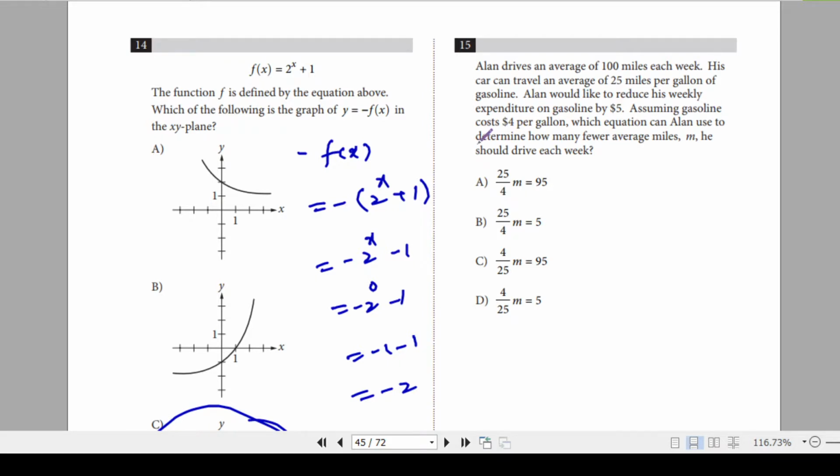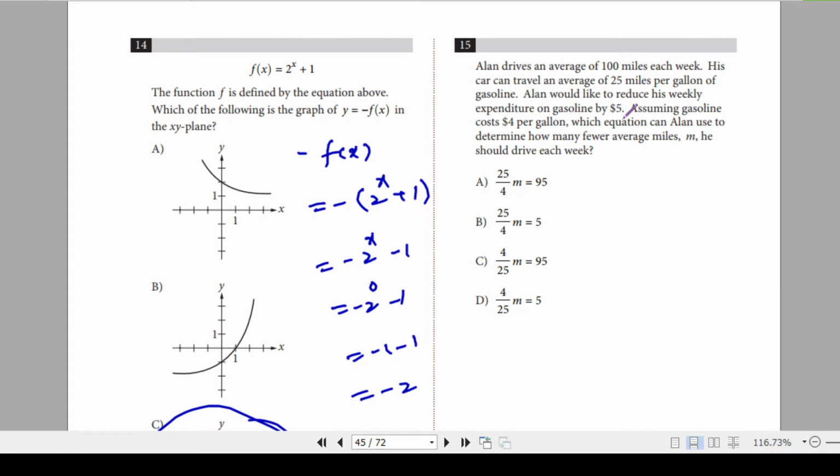Assuming gasoline costs $4 per gallon, which equation can Alan use to determine how many fewer average miles m he should drive each week? M is the number of miles he should drive fewer to save $5. He wants to reduce his weekly expenditure on gasoline by $5.